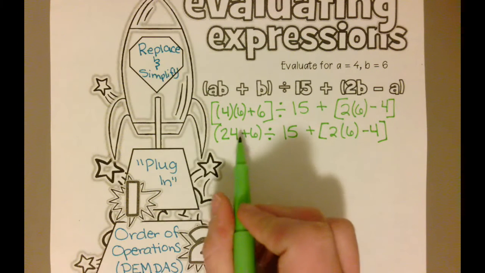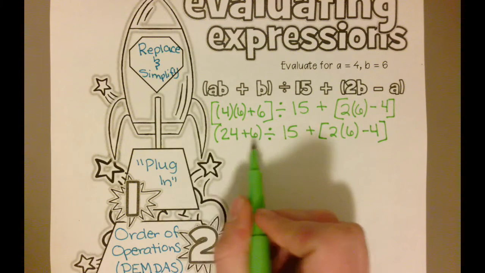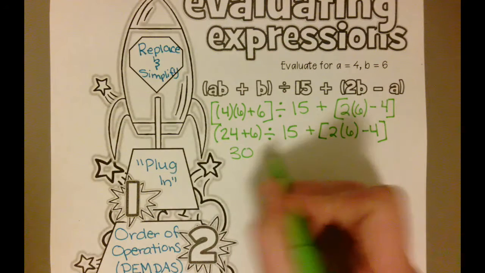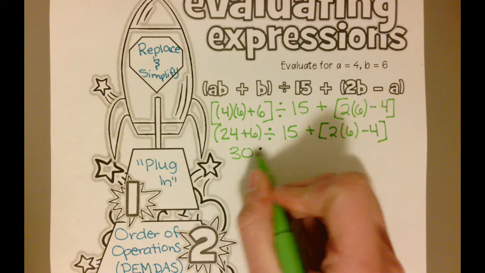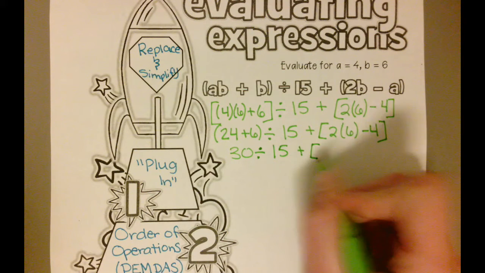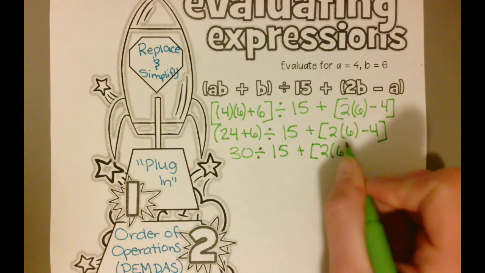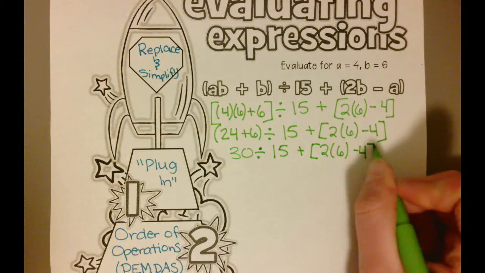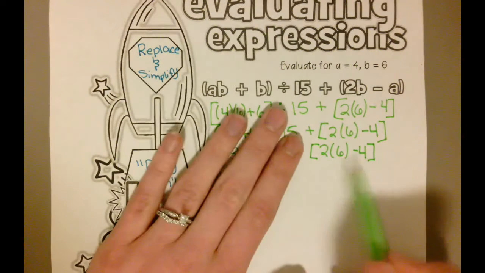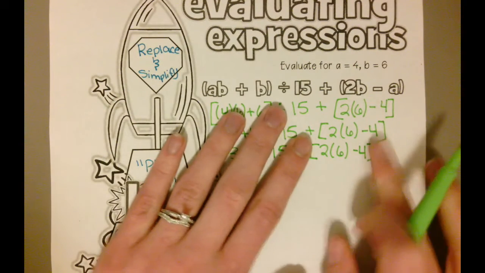All right, I'm going to continue with my grouping symbols to the left. So 24 plus 6 gives me 30. Now I don't need parentheses anymore. I'm going to bring down the rest of my problem. Okay, now parentheses still comes next, so I'm going to block out the rest of this problem, and then I'm going to solve these parentheses.